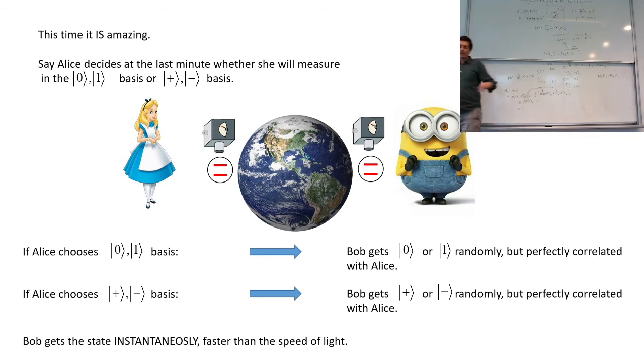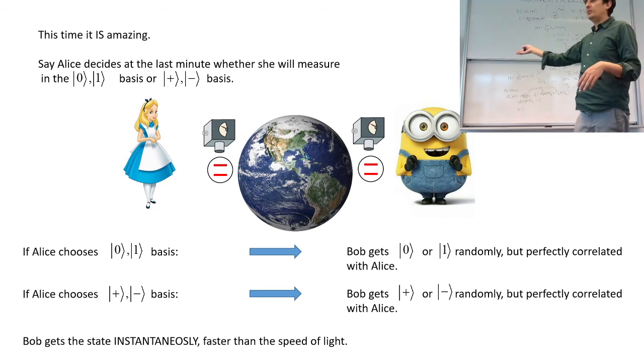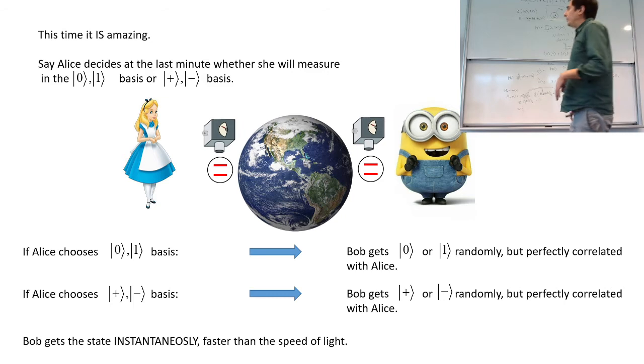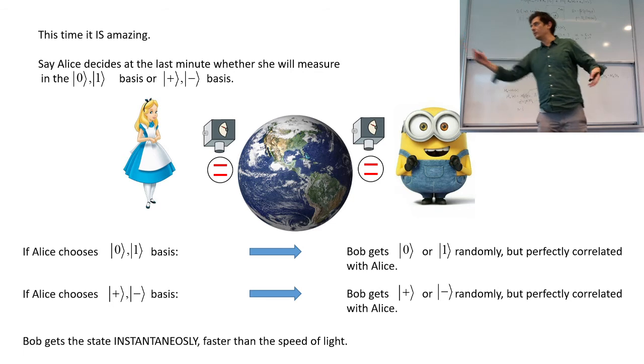So actually what Alice is doing is changing the nature of the state that Bob gets. And in fact, this happens instantaneously. It's not like there's some signal across the universe transmitting this information.